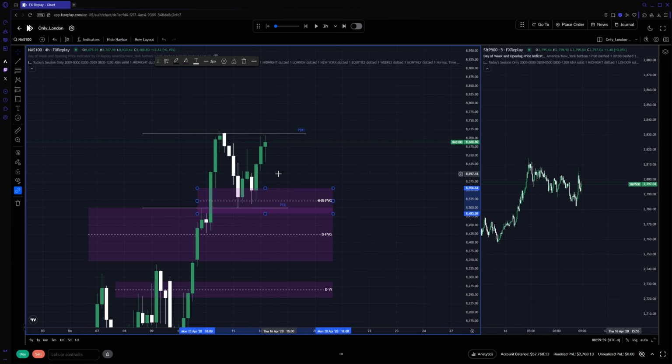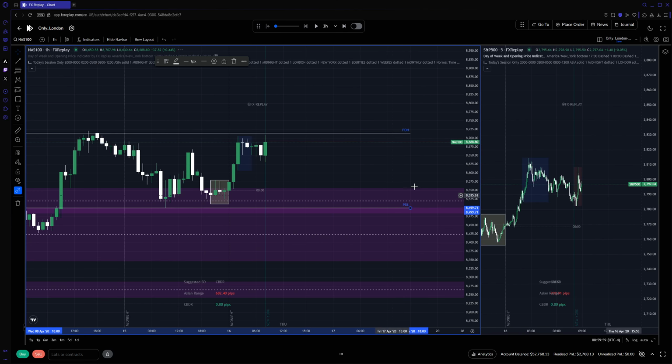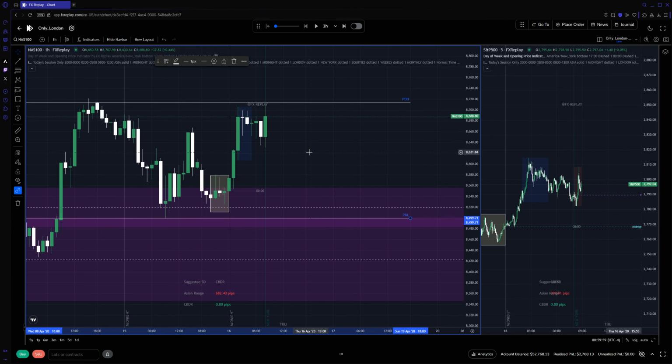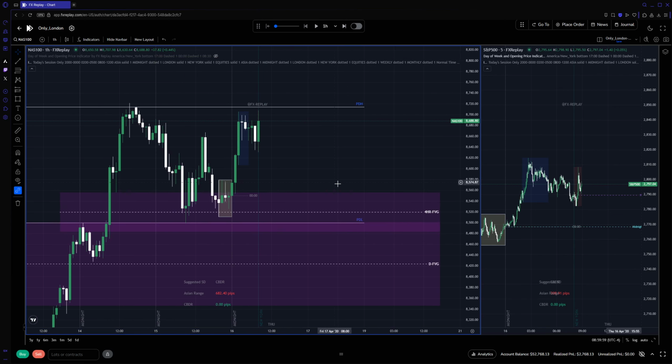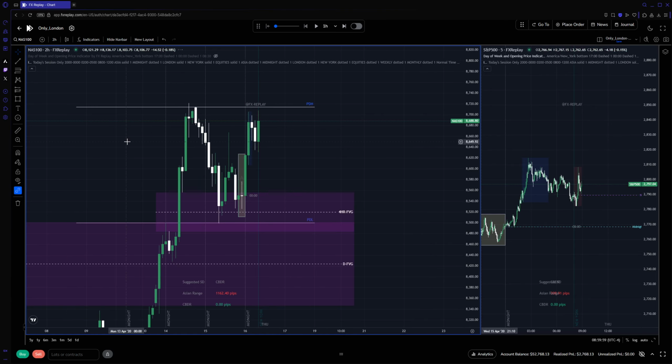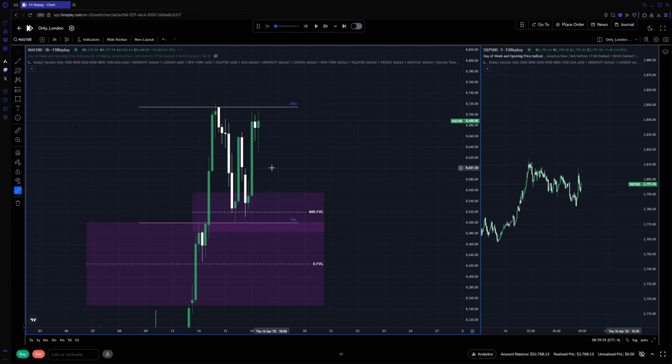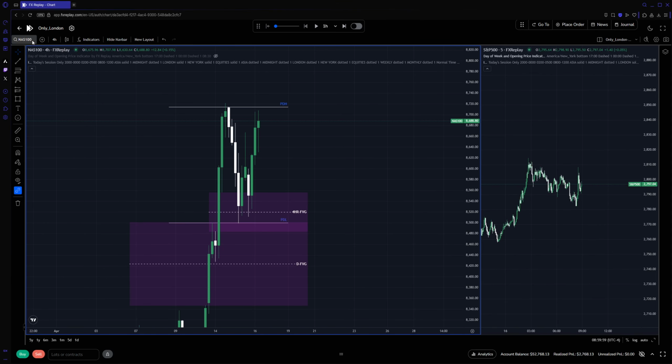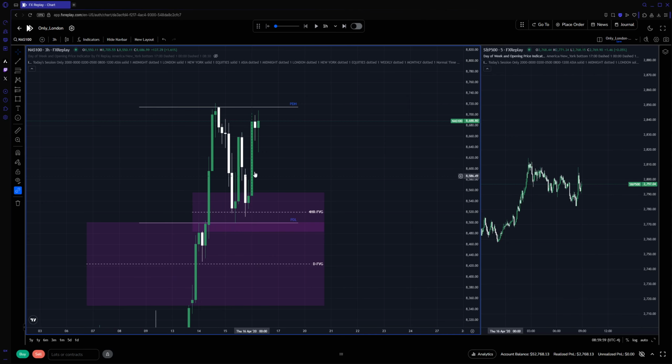So yeah, I don't really think there's anything else. I think there's a fair value gap, but I think it will show up more clearly when we go down to the 1-hour. So going down to the 1-hour, okay, yeah, see, we have the 1-hour fair value gap. We have this one. I don't really use the 3-hour, but there is a 3-hour fair value gap here. It didn't show up on the 4-hour, so we could mark this out.